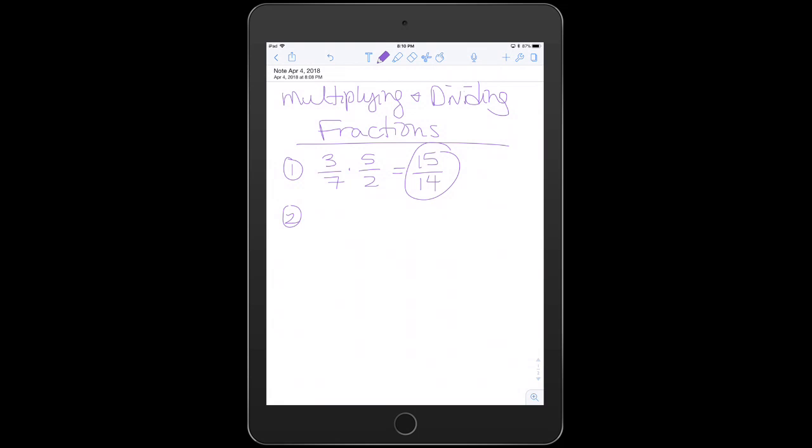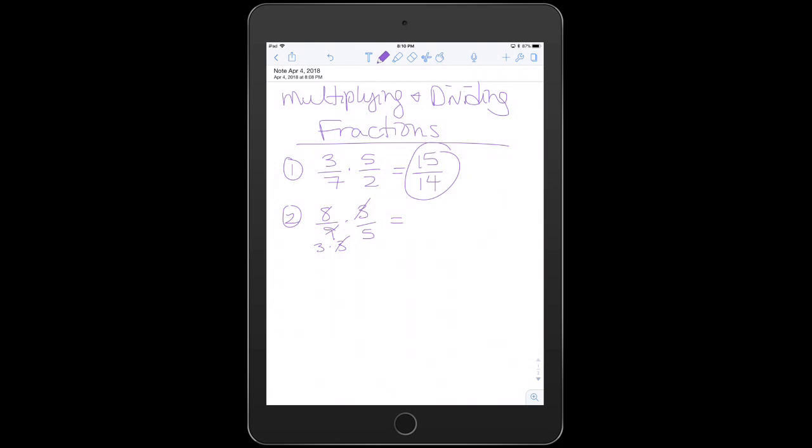Let's try another one. What if we had 8/9 times 3/5? Do you see that there are some common factors here? If I think about 9 as 3 times 3, just rewriting it in factored form, now I see that I have a common factor in the numerator and the denominator.